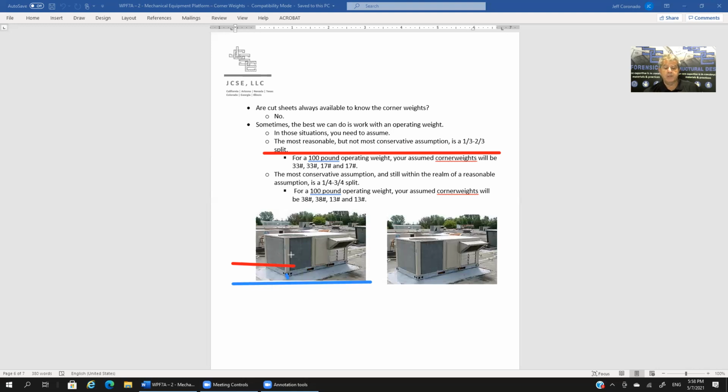That's 3/4 of the weight of the unit on one side, 1/4 of the weight on the other side. Those would be reasonable assumptions that we need to make if we don't know the specific corner weights for a rooftop air handler.